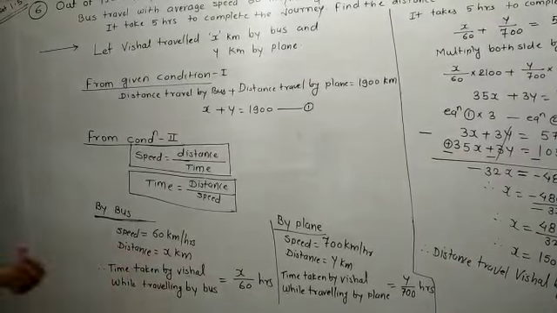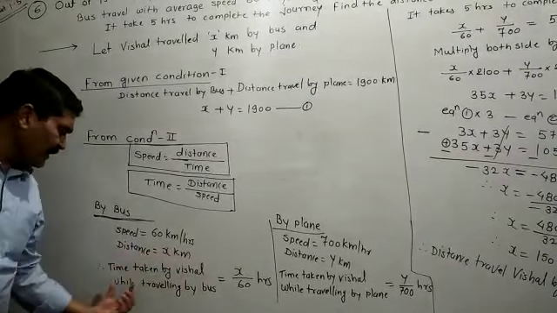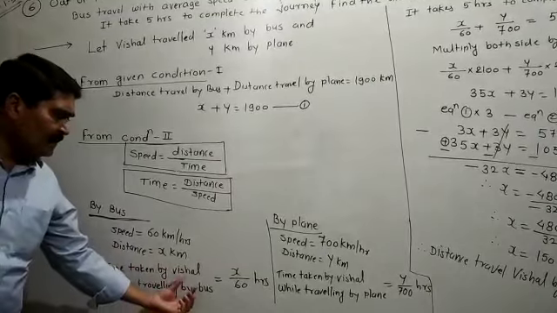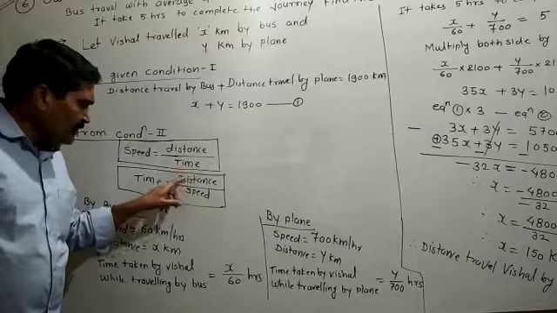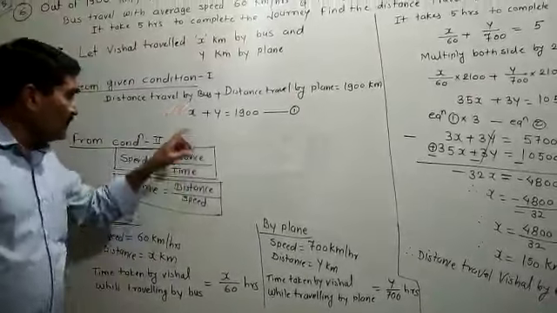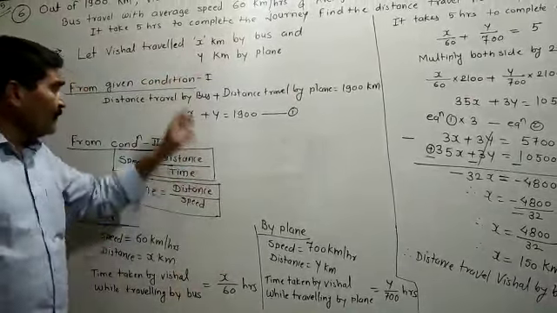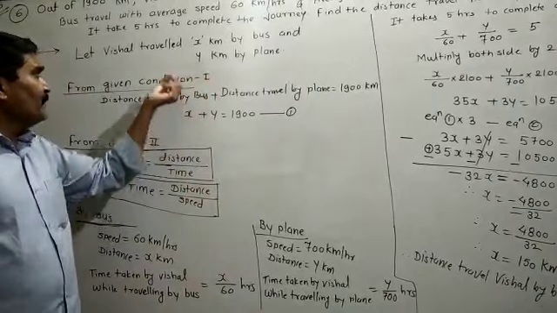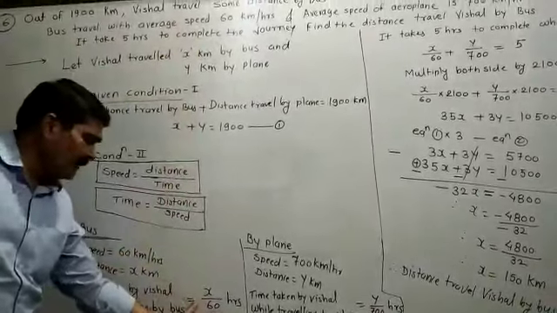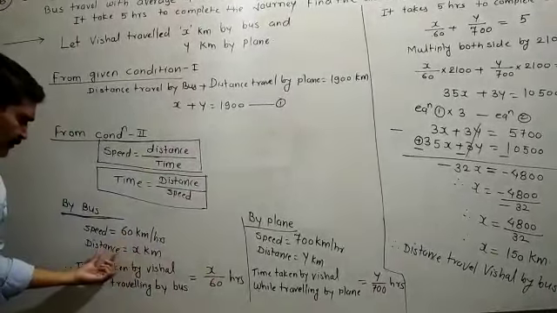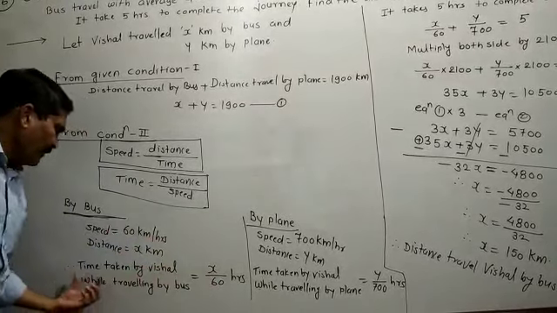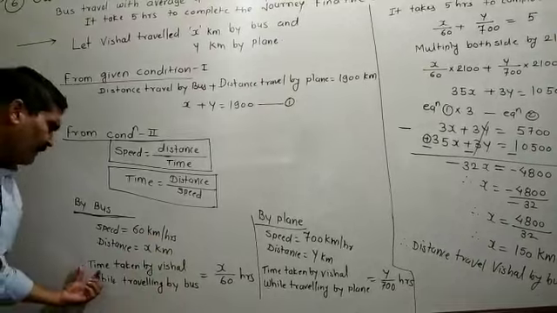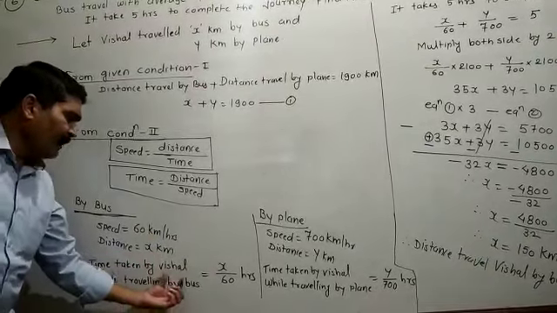From that you have to find out the time taken by Vishal while traveling by bus: time is equal to distance upon speed. Distance is x kilometers and speed of the bus is 60 km per hour. Means you have to take this as the distance and this as the speed, and find out that time taken by Vishal while traveling by bus.